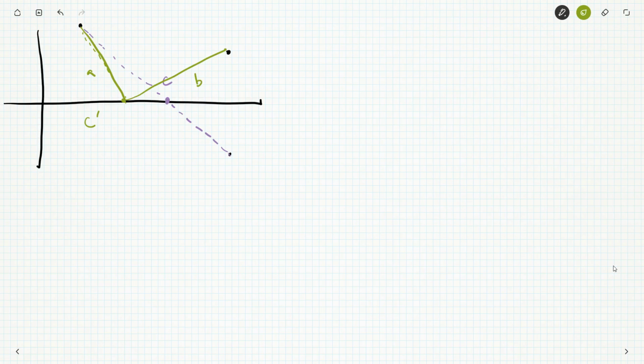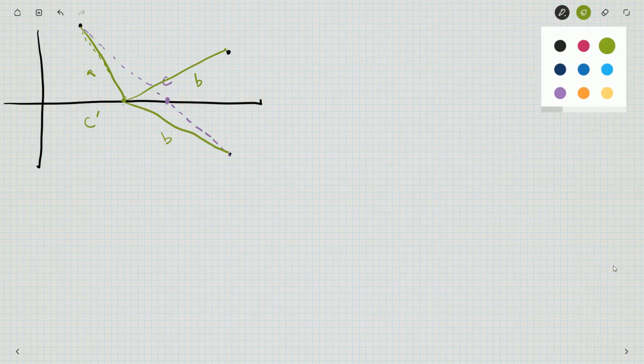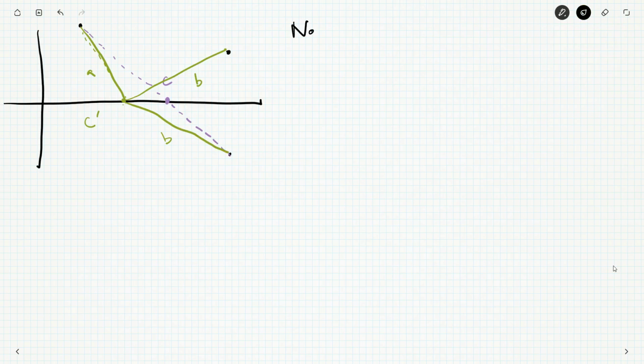So we have A and we have distance B, but the distance from C prime to B prime is also going to be B. And we'll label some things. A, B, there's C, here's B prime. So notice that A, B prime, C prime is a triangle.